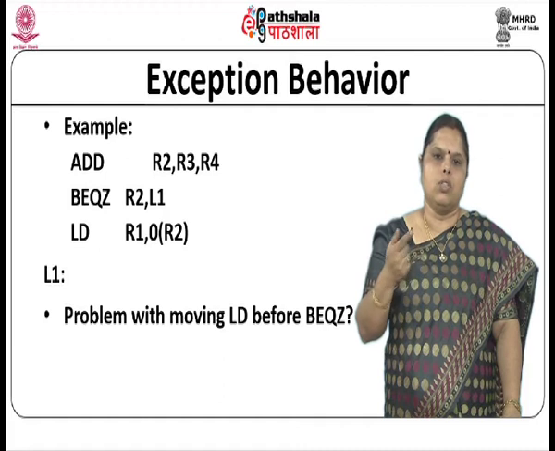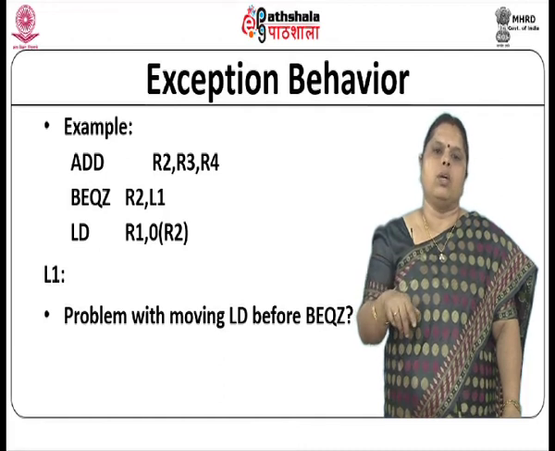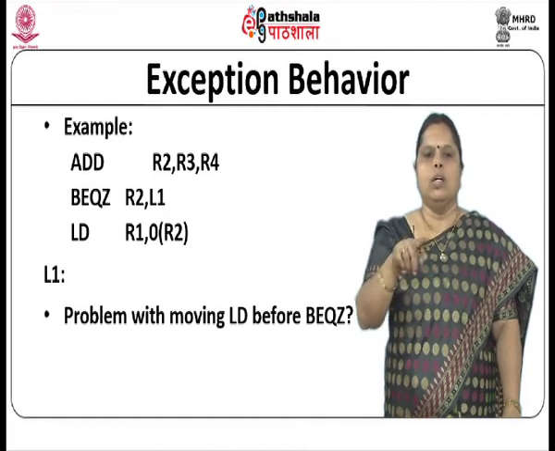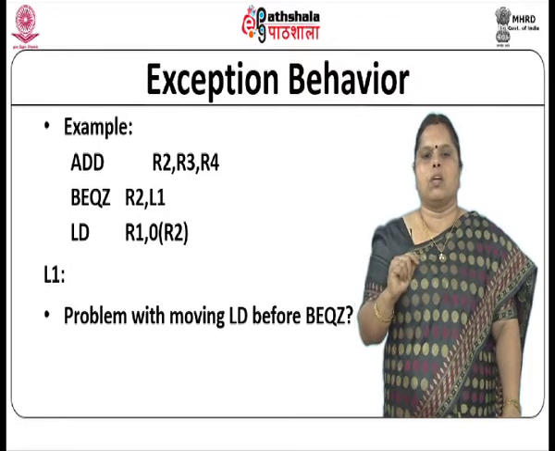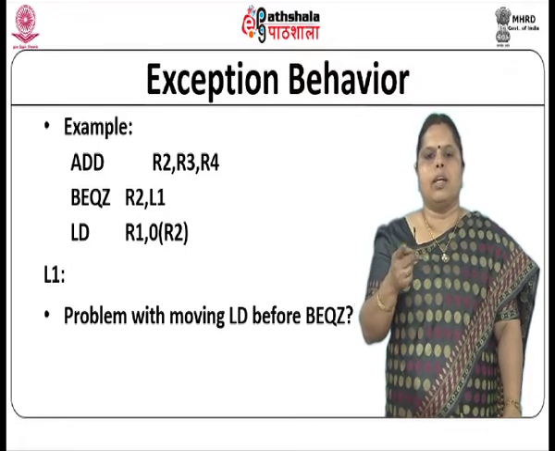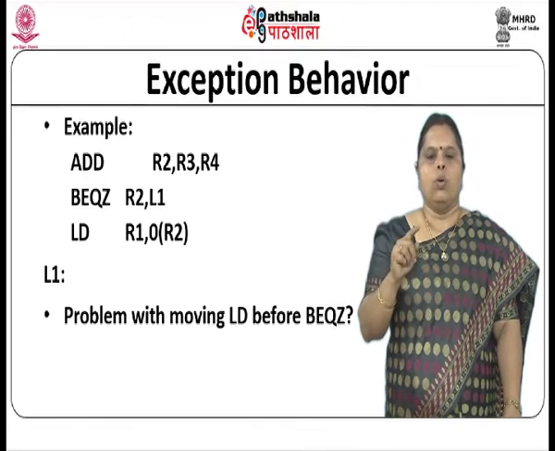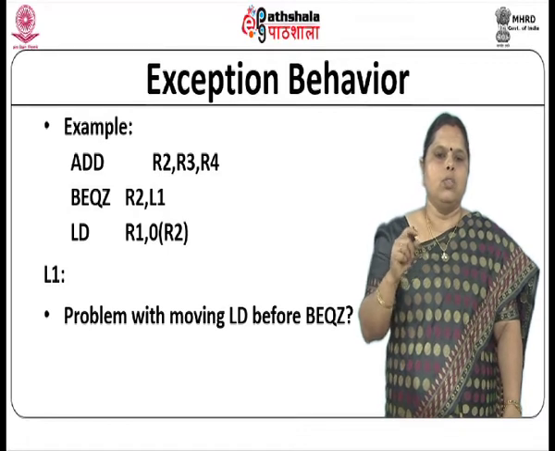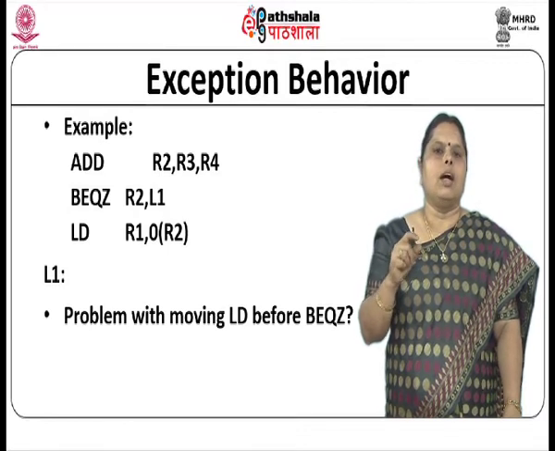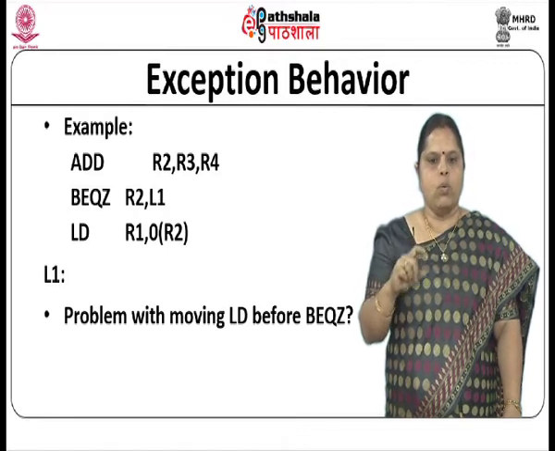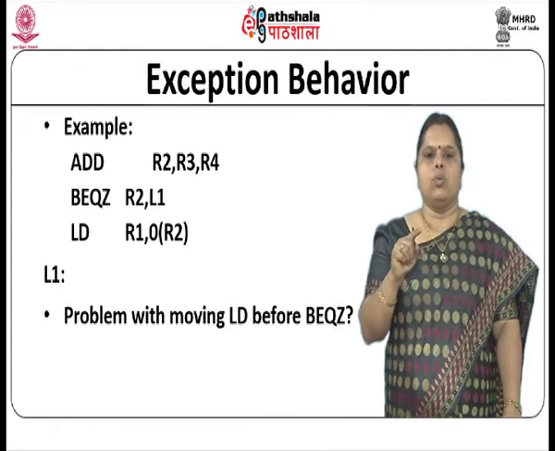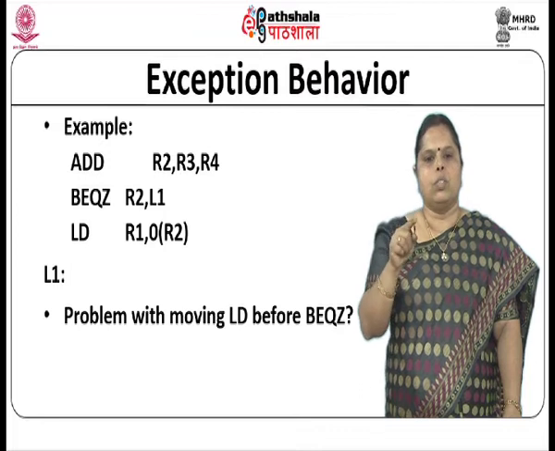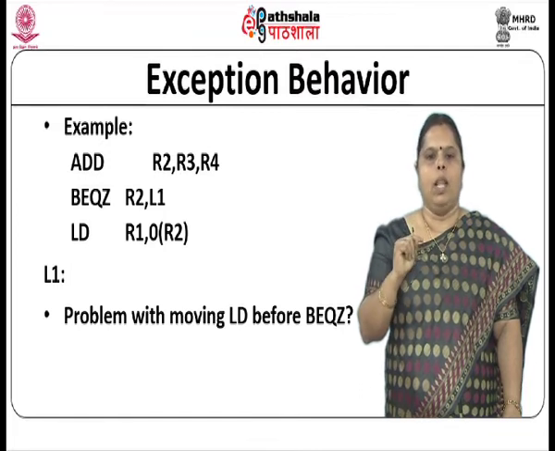If that condition is not satisfied, that is, if R2 does not contain a value of 0, then you execute the load instruction which loads data from 0(R2) into register R1. The way this snippet is written, the branch on equal to zero instruction is a guarding branch. If R2 contains a value of 0, you are not supposed to execute the load instruction. You are supposed to skip it and go to label L1.